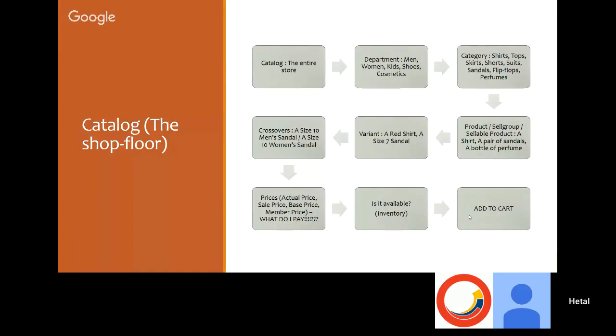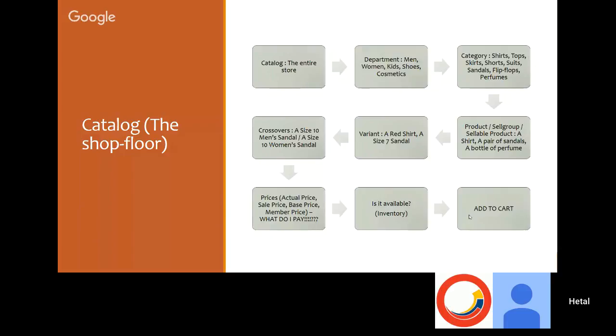Once you get to a category, it is a group of products or sell groups. A sell group means a group of products tied together by characteristics like material or fabric or style, that kind of stuff.